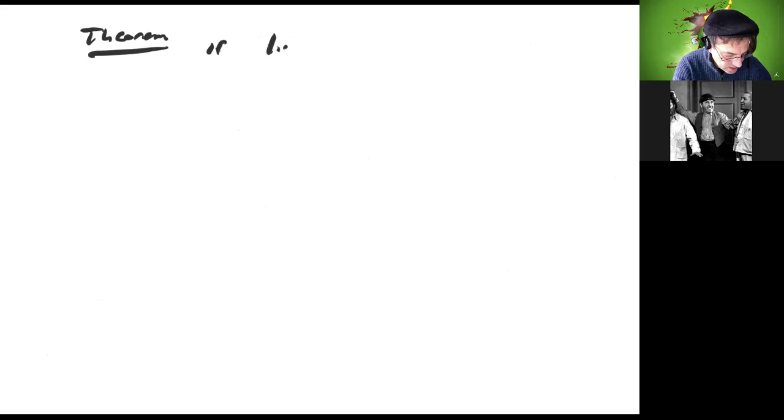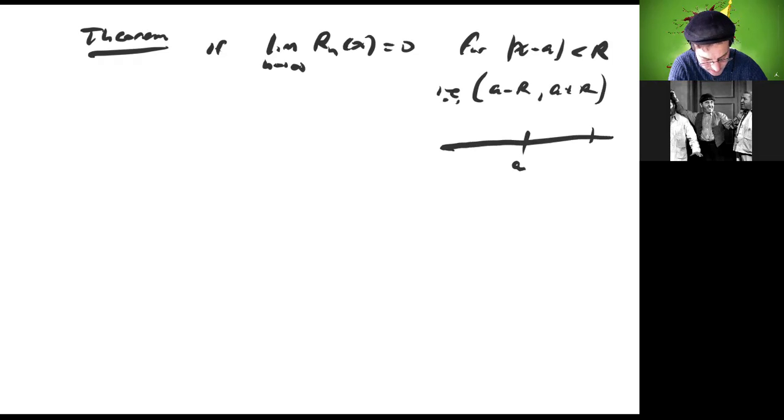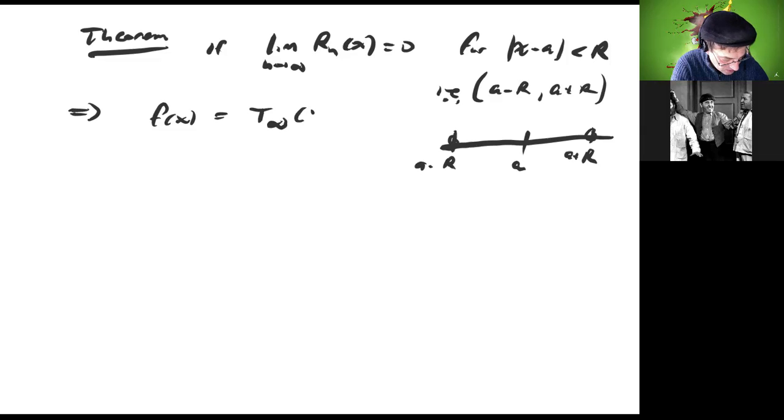If the limit as n goes to infinity of R_n of x equals 0 for absolute value of x minus a less than r, that is on the open interval a minus r, a plus r, the interval centered at a where you look at points within distance r, then if this remainder tends to 0 in n, f of x is equal to this series T infinity of x on a minus r, a plus r. So this is the basic result.